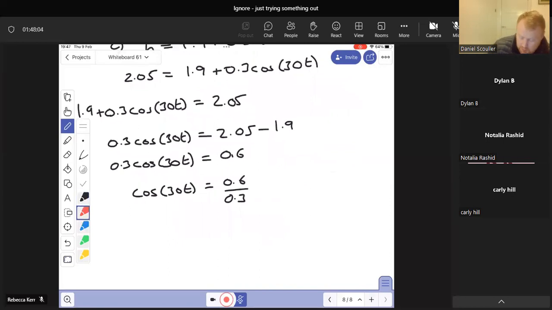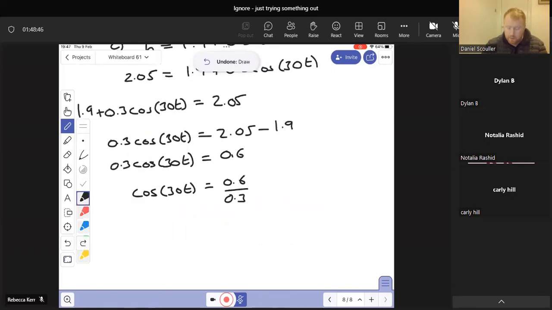The fact we don't usually work with a number in this position will throw a couple of people, and it probably would have thrown you if that came up in an exam. But don't worry about that number until we need to solve for t right at the end. So I'm going to leave that 30 where it is. Don't try and take that away and make it disappear. We're just going to treat it the same as cos x equals something. With that in mind, that right hand side is positive.